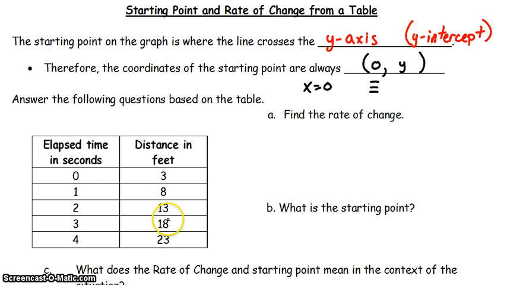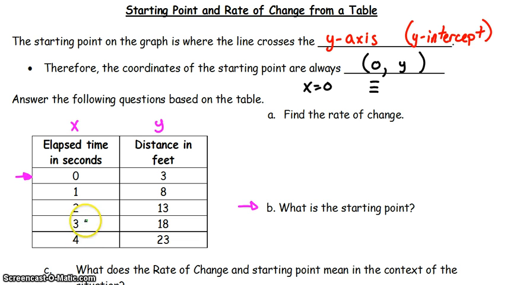So when we're looking at a table, if I'm trying to find the starting point, and I will start here with B instead of starting with A, I'm looking for where x is 0. In this case, x, which is always your left column, and y is your right column, is 0 in the first slot. I want to point out right now that it will not always be in the first slot.